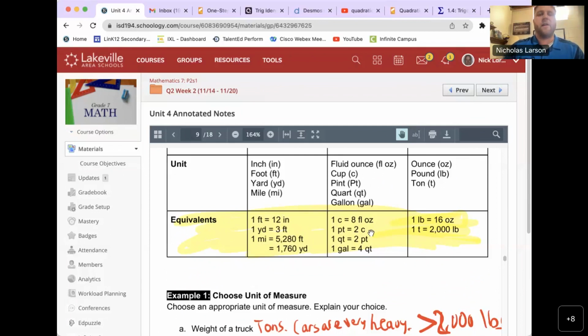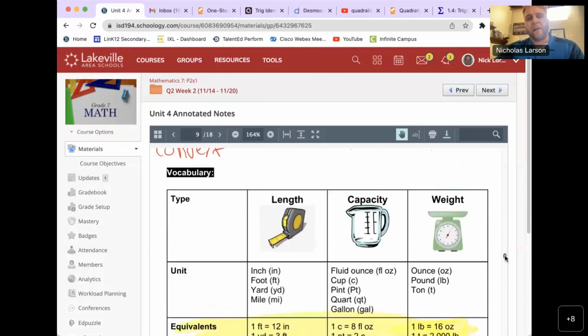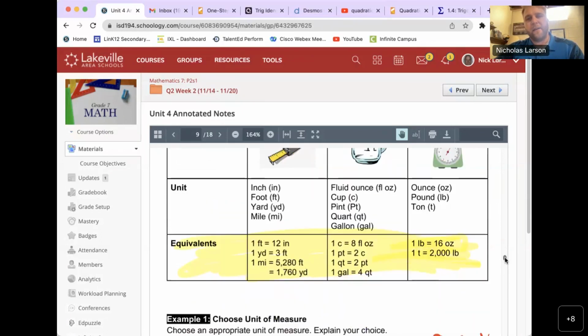And you say, I don't want 24 fluid ounces, I want 3 cups. That'd be easier to measure. And one of the last ones that we use a lot is weight, where 16 ounces equals 1 pound and 2,000 pounds equals 1 ton. So 1 ton is 2,000 pounds.